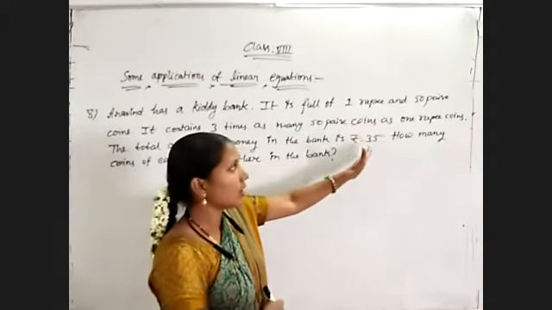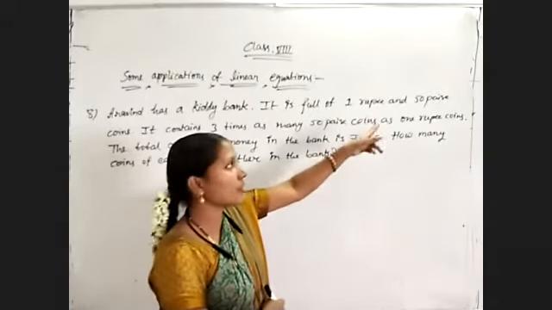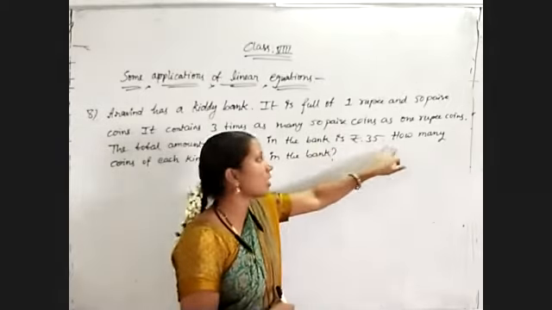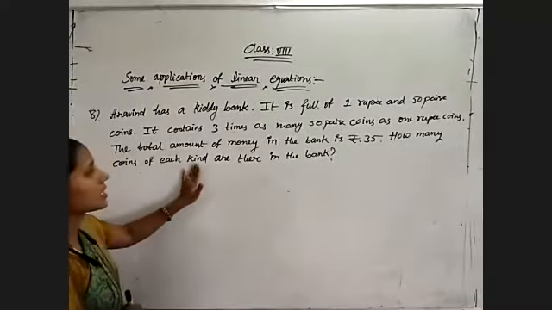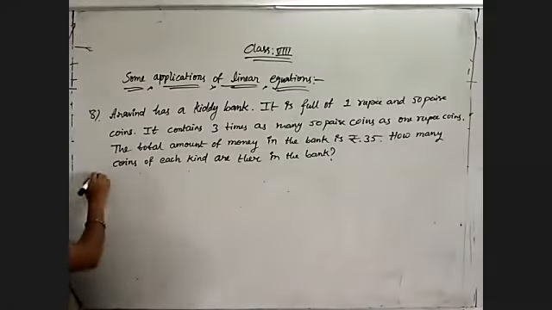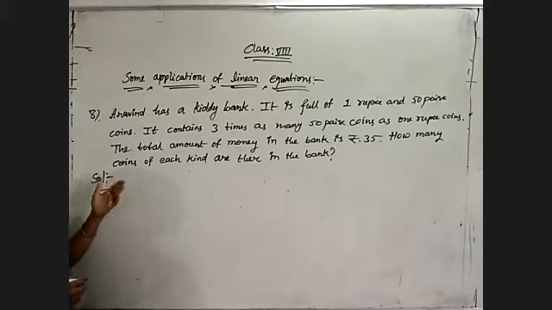If you want to change paisa to rupees, you change 50 paisa to rupees. Now, what is the question? How many coins of each kind are there in the bank? We have done several questions of this type on money, many questions on the number of coins and number of notes.